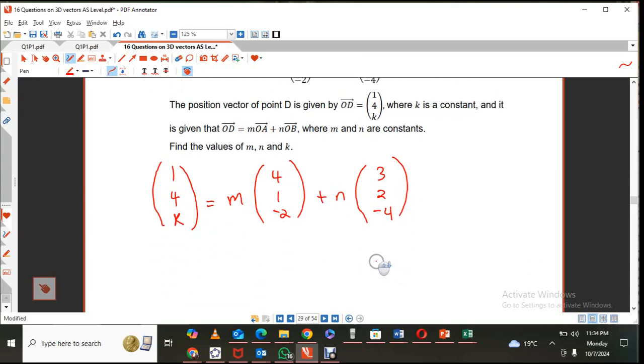We're going to create 3 equations. One equation, I'm going to call it equation 1, is going to be 1 equals 4m plus 3n. Okay, it's equating those components. Then equation 2.